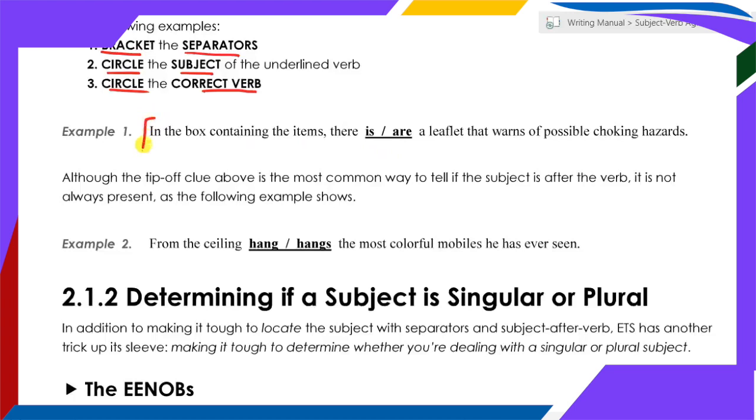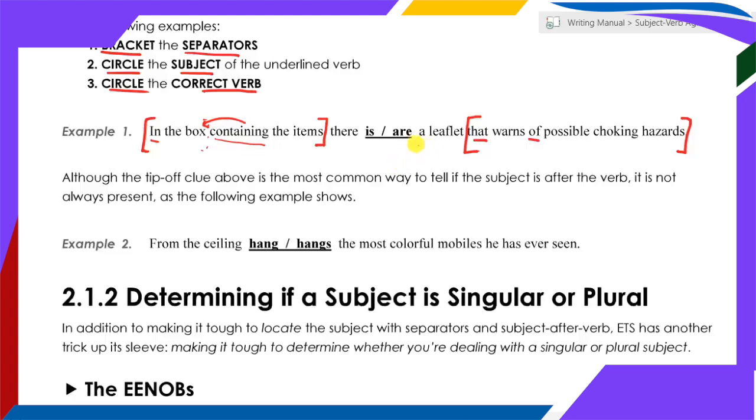So we have a bunch of separators here. Prepositional phrase there. Don't end your bracket here because containing the items describes the box. So we are going to capture containing the items inside our in the box prepositional phrase separator. We also have a that clause right here, a that clause and another preposition. So this sentence boils down to there blank a leaflet.